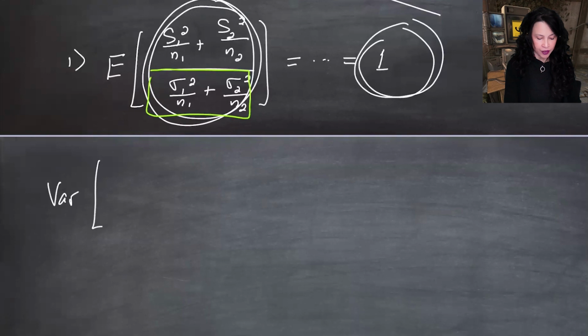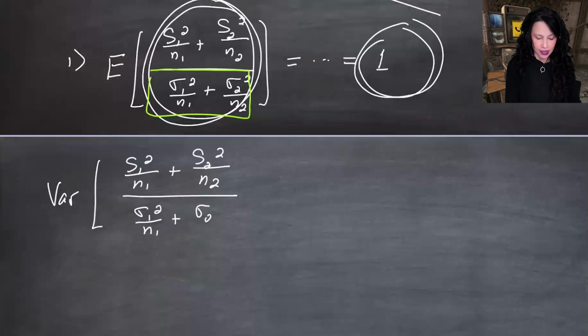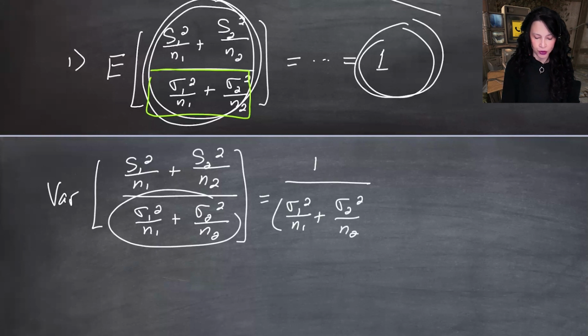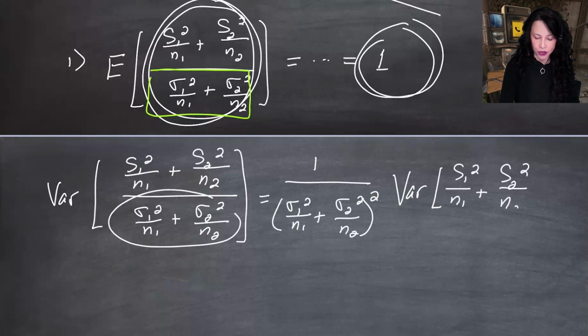If we look at the variance of s1 squared over n1 plus s2 squared over n2 over the denominator, I am going to pull this out, and it comes out squared. So there's nothing random there, so I get 1 over sigma 1 squared over n1 plus sigma 2 squared over n2, squared, times the variance of s1 squared over n1 plus s2 squared over n2.